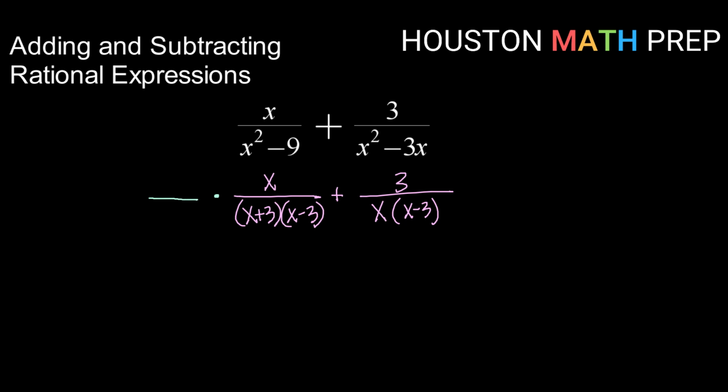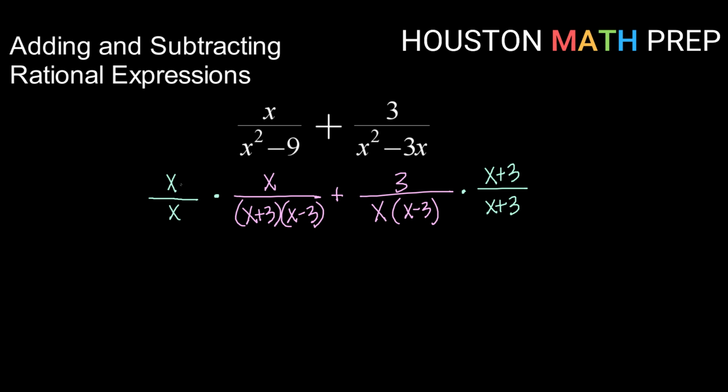So I'm going to multiply my first fraction, or my left fraction, by x, since that is the factor it's missing from the other. And my right hand, or second fraction, it already has the x minus 3, but it's missing the x plus 3. So I'm going to multiply by x plus 3 over x plus 3.